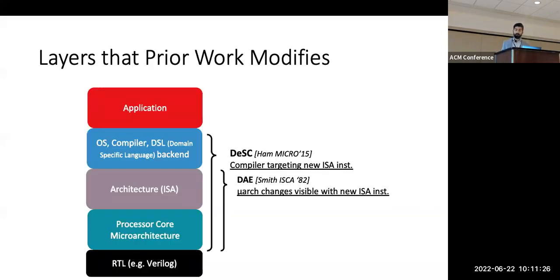Later, works like DeSC solve this issue by asynchronously loading the data from the core's pipeline to have memory parallelism. However, this involves deeper microarchitectural changes and new instructions. So it wouldn't be so easy to implement in the open source way that we wanted.